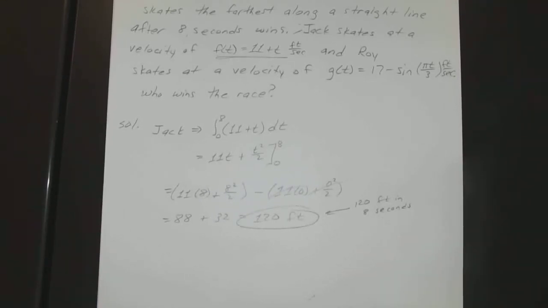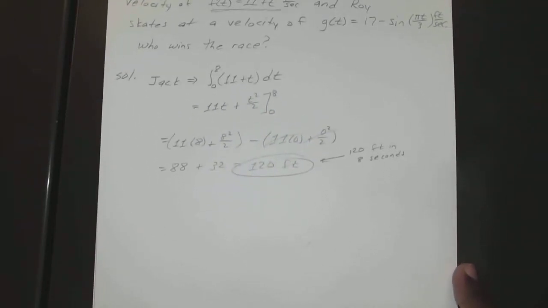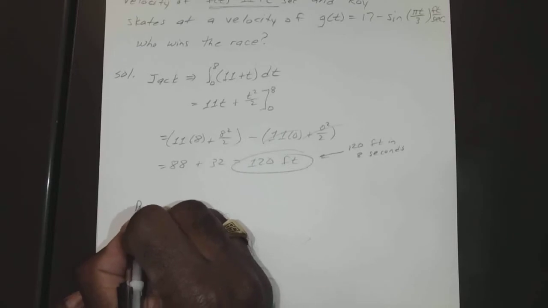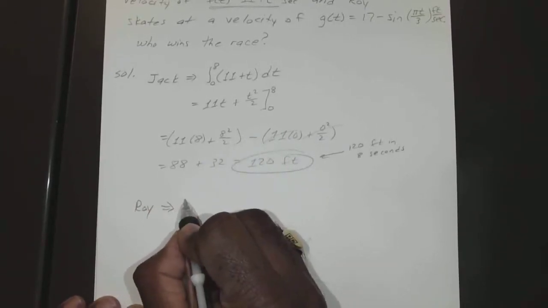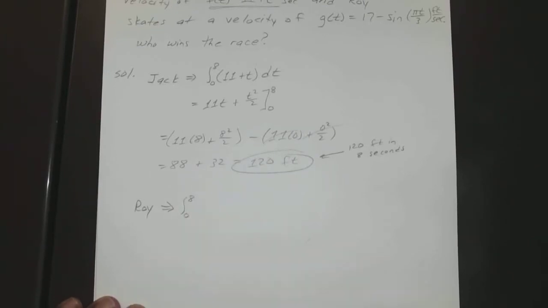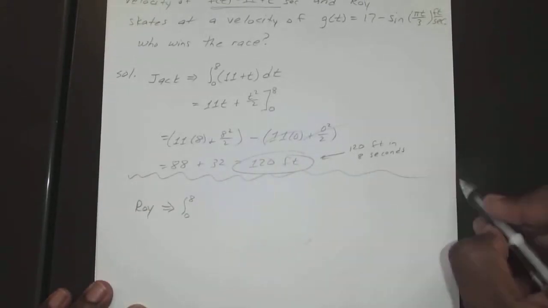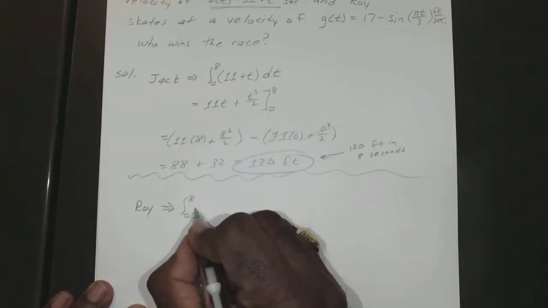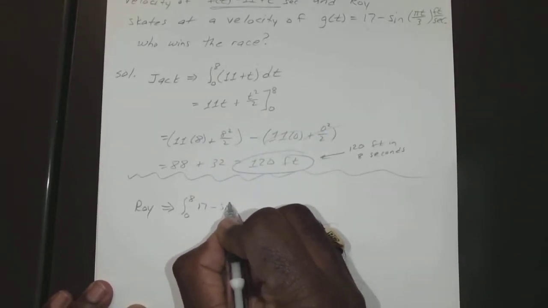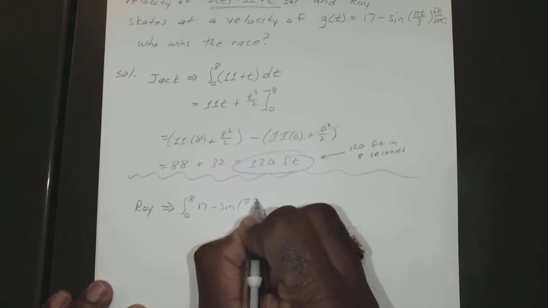Okay. So now we do the same thing for Roy and just see who went further. For Roy, same thing from 0 to 8 seconds. His velocity function is 17 minus sine of pi times t over 3.